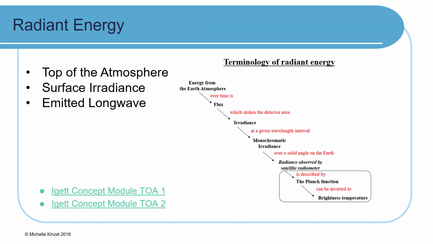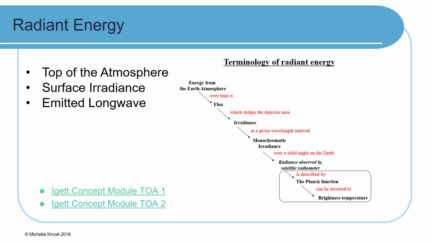So when we think about top of the atmosphere versus the Earth's surface, and we look at emitted longwave, there is energy from the Earth's atmosphere. Over time, there's flux, which strikes the detector area and becomes irradiance. This is measured at a given wavelength interval, and we have monochromatic irradiance over a solid angle of the Earth.